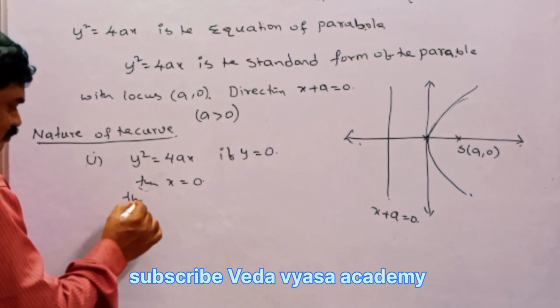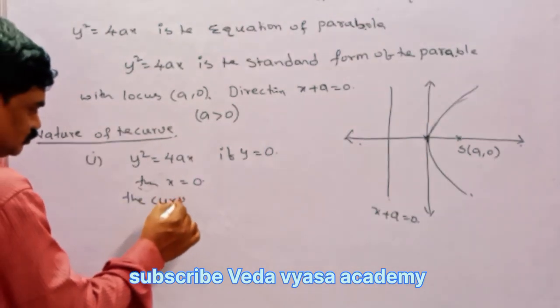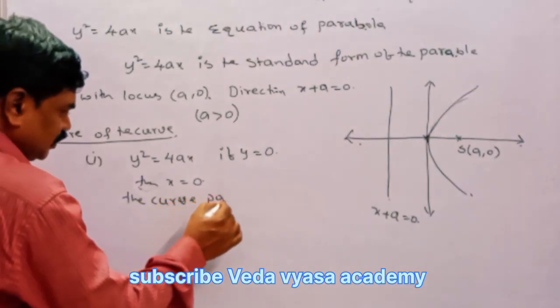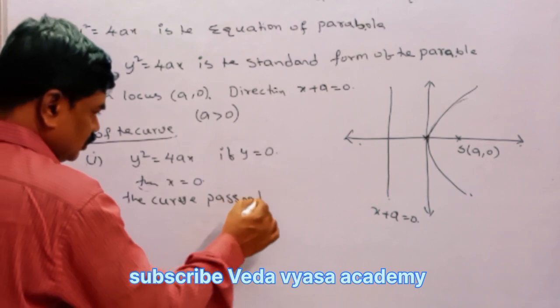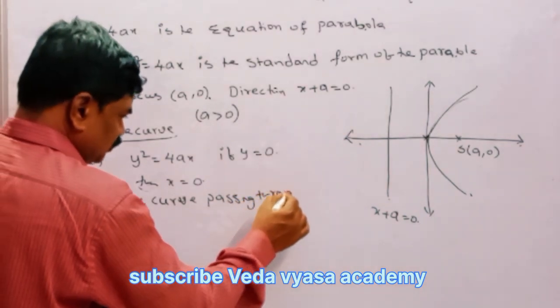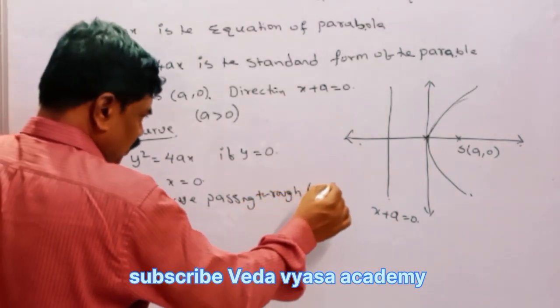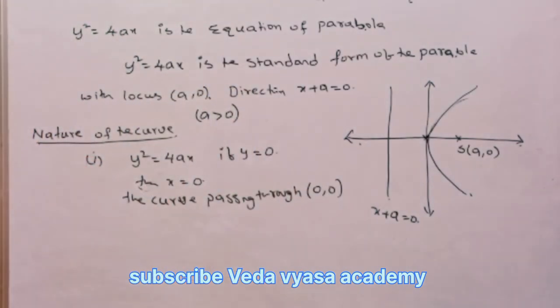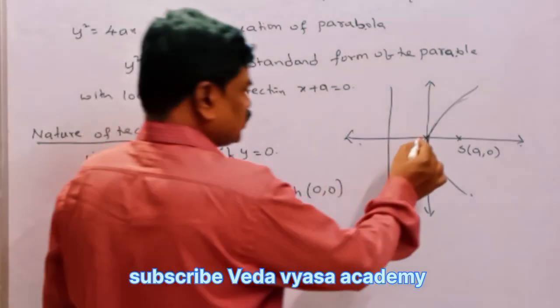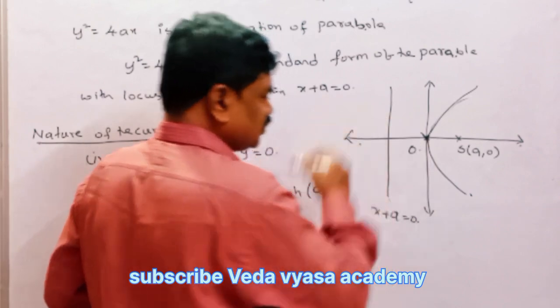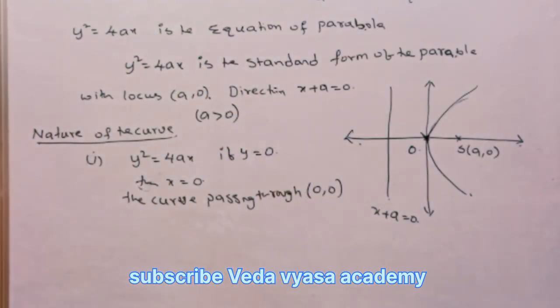The curve passing through the origin (0, 0) is the first nature of the curve.